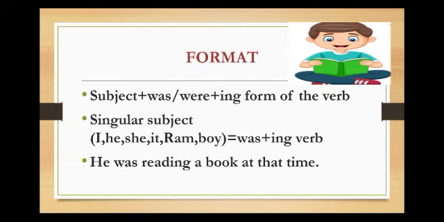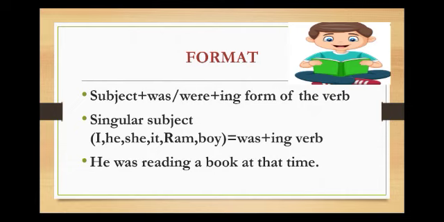We have to select any one. It is followed by the present participle form of the verb, that is the ing form of the verb. So students, if your subject is singular, then you select the helping verb was. It is followed by the ing form of the verb.